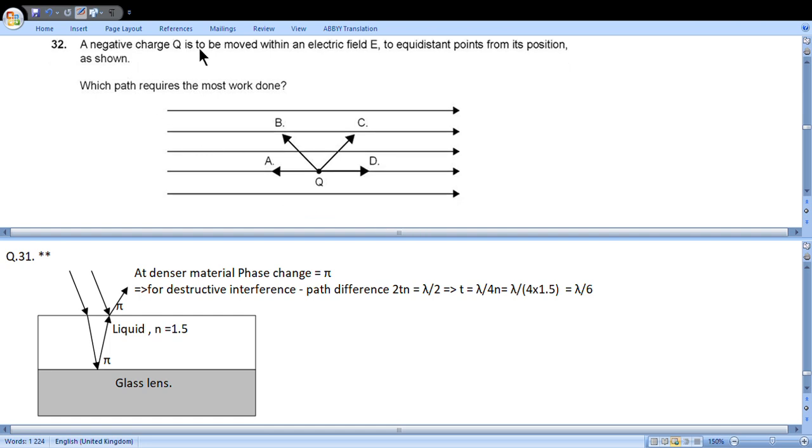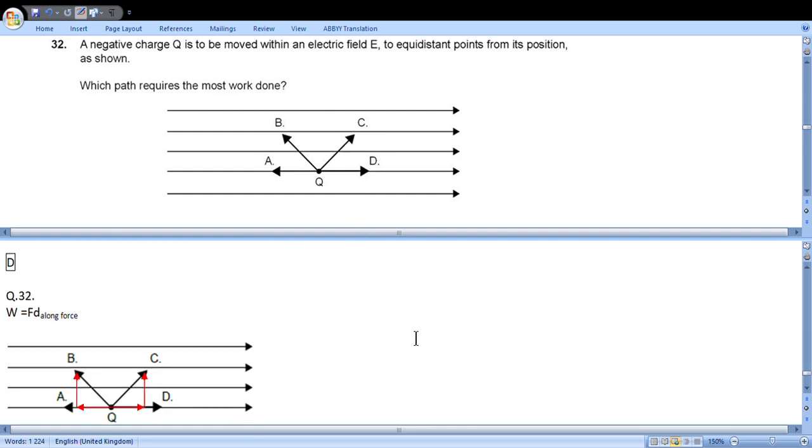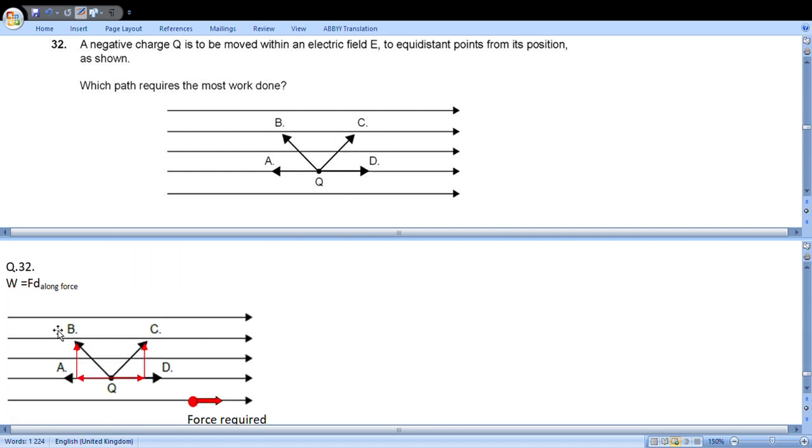A negative charge Q is to be moved within an electric field E to equidistant points from its position as shown. Which path requires the most work? I copied this picture here. The work done is force times distance along the force.